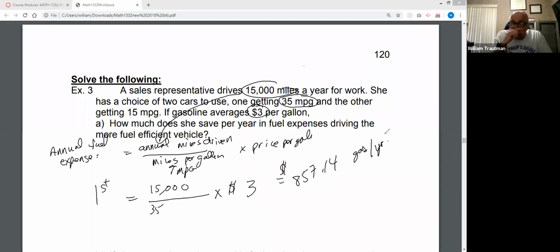The second car, it says they both drive the same amount, is 15,000 divided by 15, this must be a truck because it only gets 15 miles per gallon, times $3.